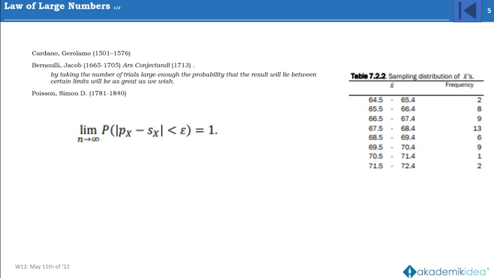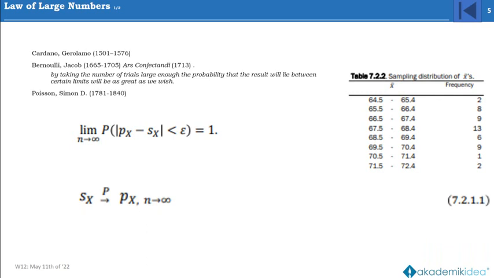Then we can write, for any positive number epsilon, this limit. This version of the law of large numbers is referred to as the weak law of large numbers.